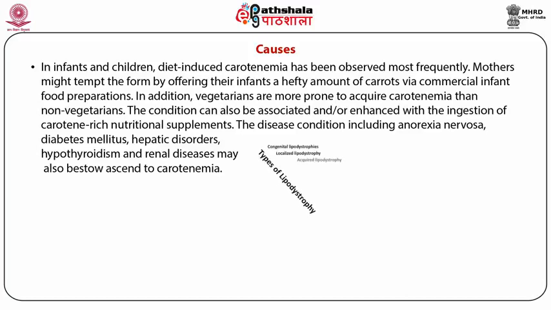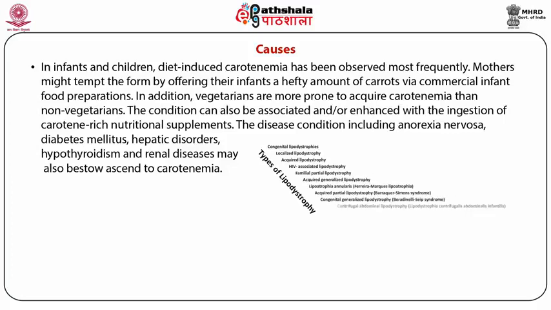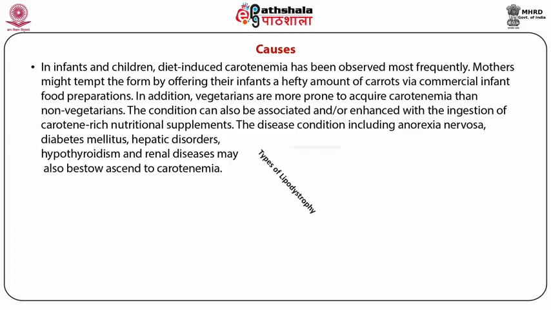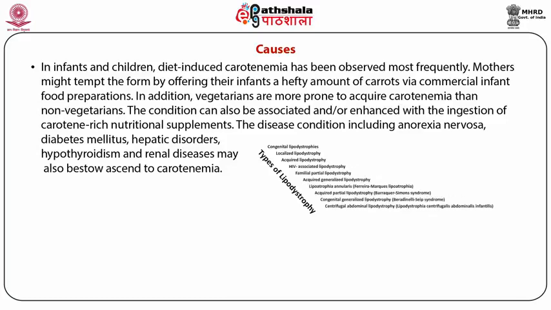The condition can also be associated with or enhanced by the ingestion of carotene-rich nutritional supplements. Disease conditions, including anorexia nervosa, diabetes mellitus, hepatic disorders, hypothyroidism, and renal disease, may also bestow the rise to keratinemia.